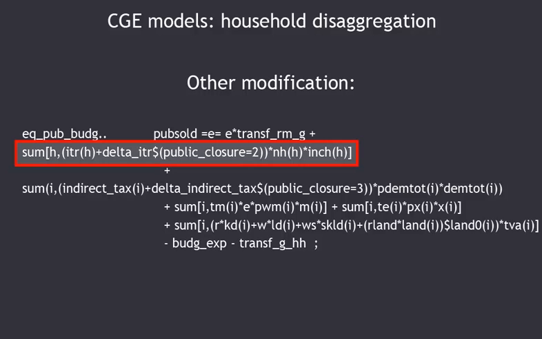Here, household disposable income is expressed differently. It is the number of households of category H times the disposable income of households of type H. We also note that the tax rate, ITR, is individualized by household category.